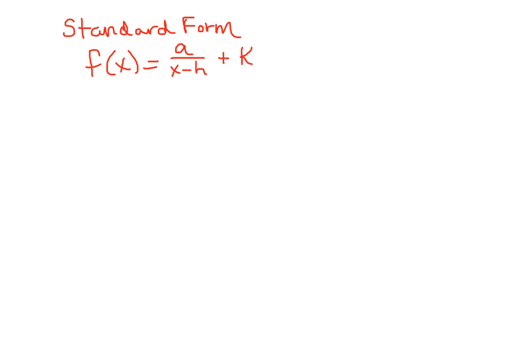Okay, and h, this part here on the bottom, is the horizontal shift. If it's positive, it goes left, and if it's negative, it goes right. Remember that we've had transformations like that before where it seems backwards. The left and right seems backwards.